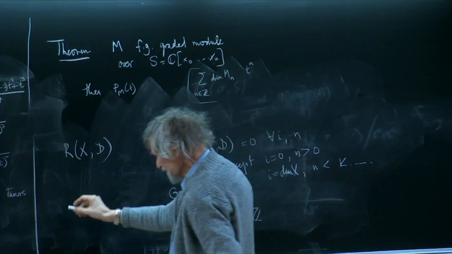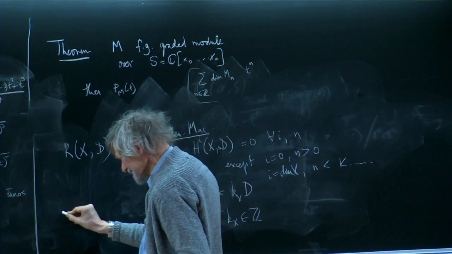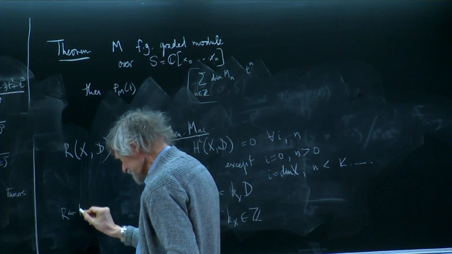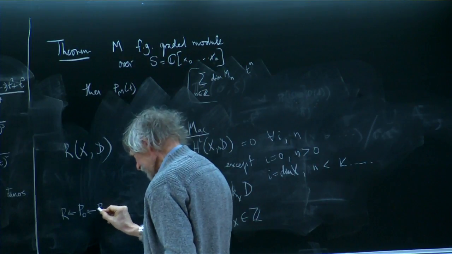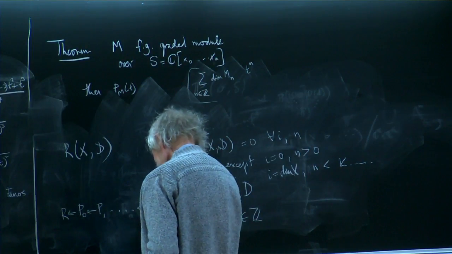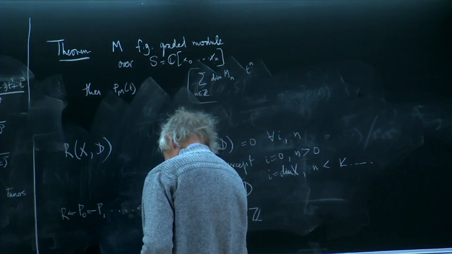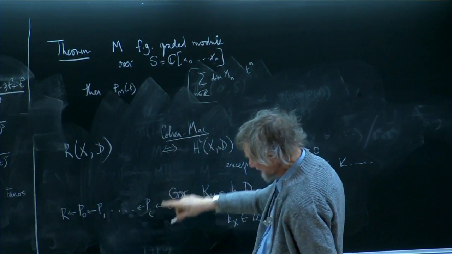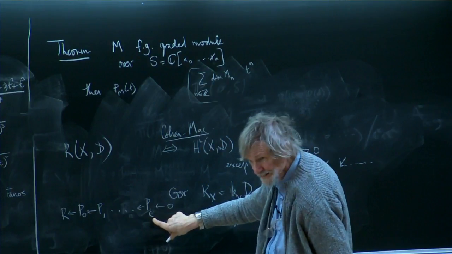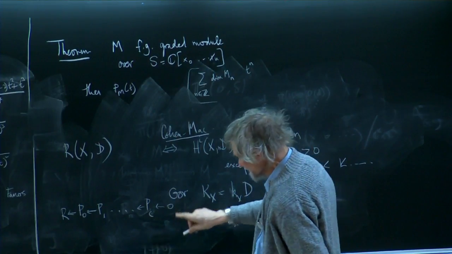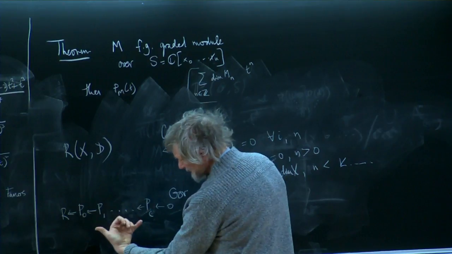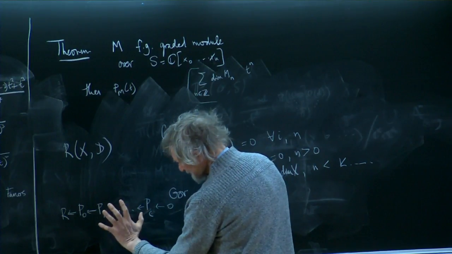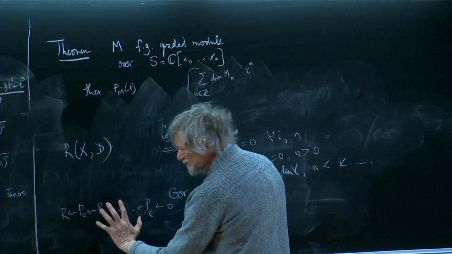But for me, R comes from P0, comes from P1, Pn. So this is C. Cohen-Macaulay is the statement that this C is the codimension, and Bernstein is the statement that this series is self-dual.